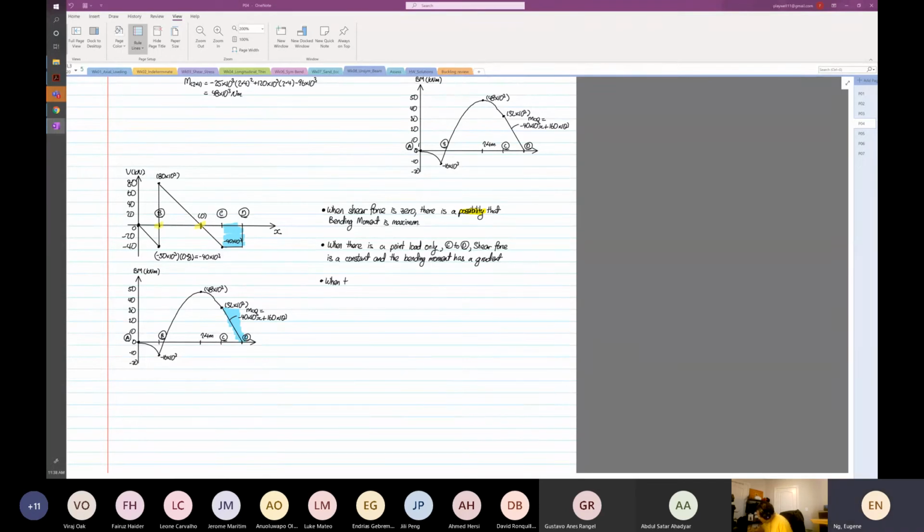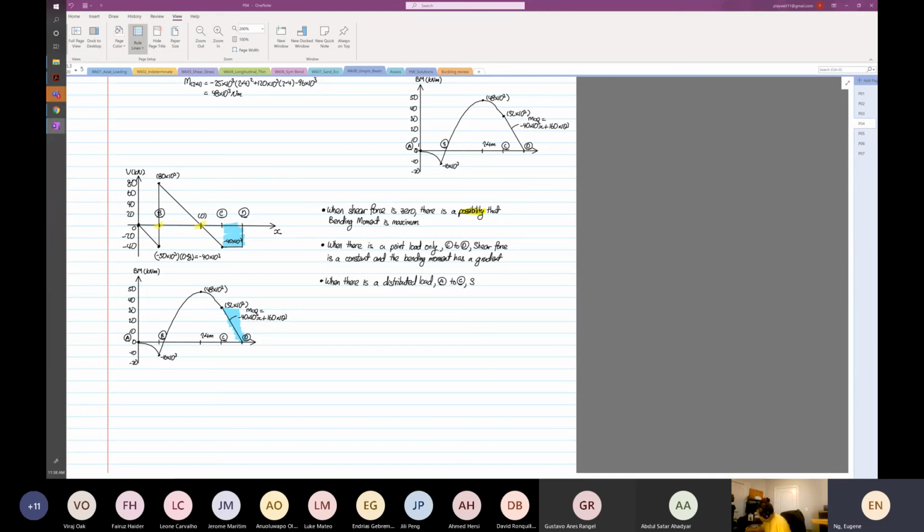And then when there is a distributed load, so you see we have a distributed load from point A to point C, right? Between point A to point C, the shear force is a what? All right, the shear force is a gradient.